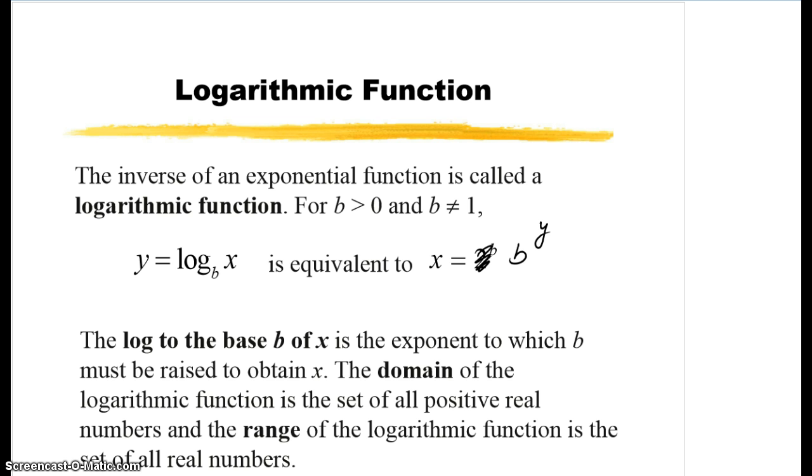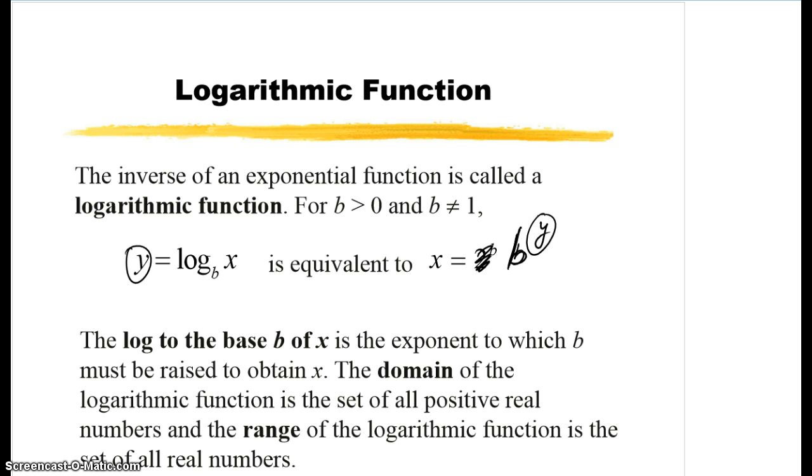Okay? So, b to what power? B to the power of y should give me x. That's what we're looking for, the power y, when we see log base b of x. We're looking for what power we need to raise b, the base, in order to get x. Okay? So the log to the base b of x is the exponent to which b must be raised to obtain x.